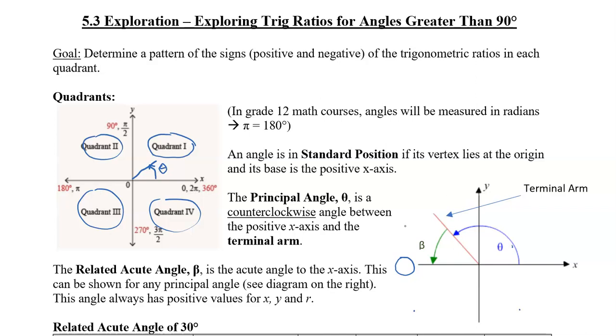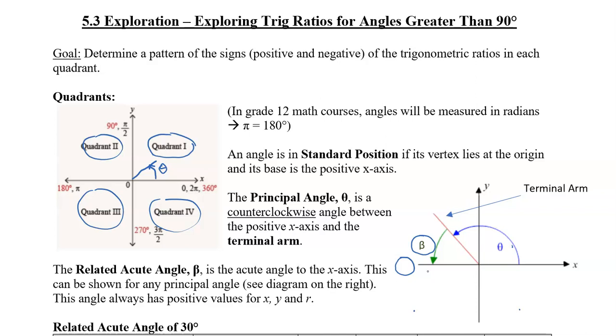And as you can see in the picture below, if we're outside of the first quadrant, we're always going to draw from the terminal arm down to the x-axis our related acute angle, beta. So we've got the principal angle that's measured from the positive x-axis to where the terminal arm is, and then we've got this related acute angle, beta, that is always going to go to the closest part of the x-axis. So over here in the second quadrant, it's going to go down to the negative x-axis.